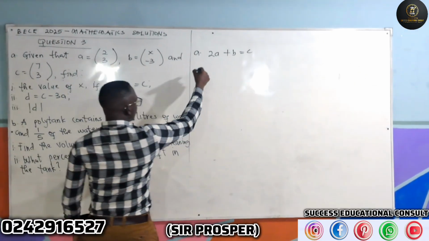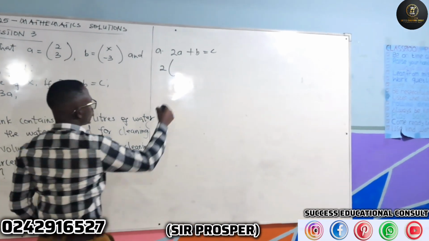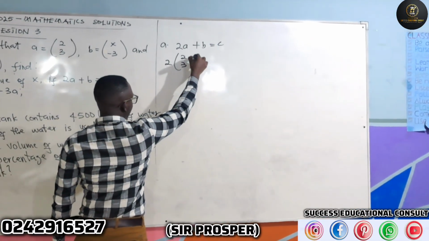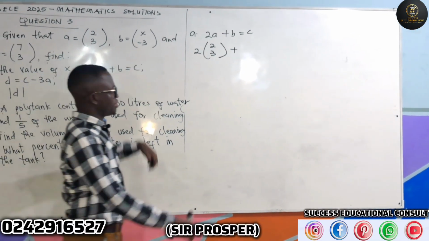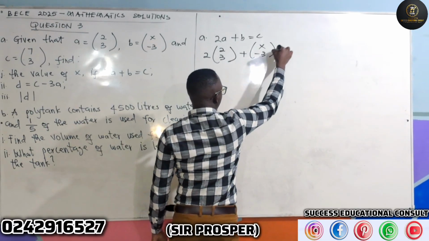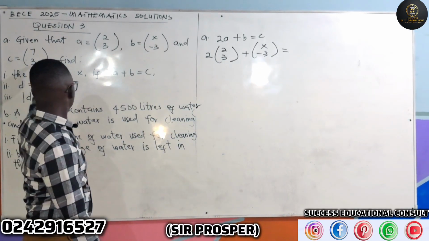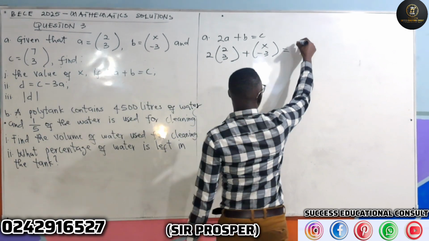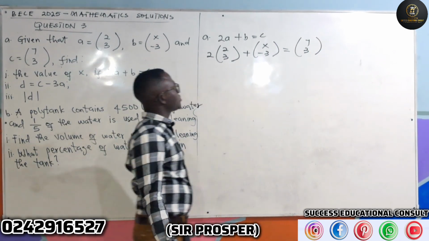Let's go. So 2 multiplies the components of A, which are 2, 3, plus the components of B, which are x, negative 3. Then we equate this expression to the components of C, 7 and 3.